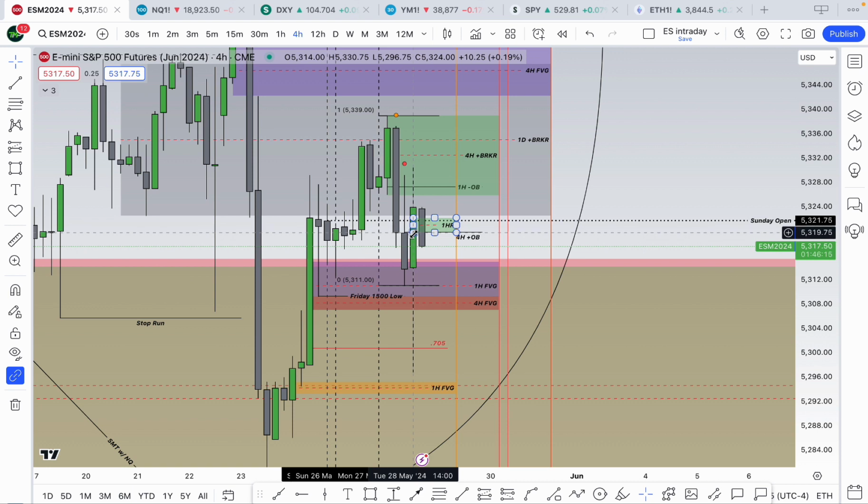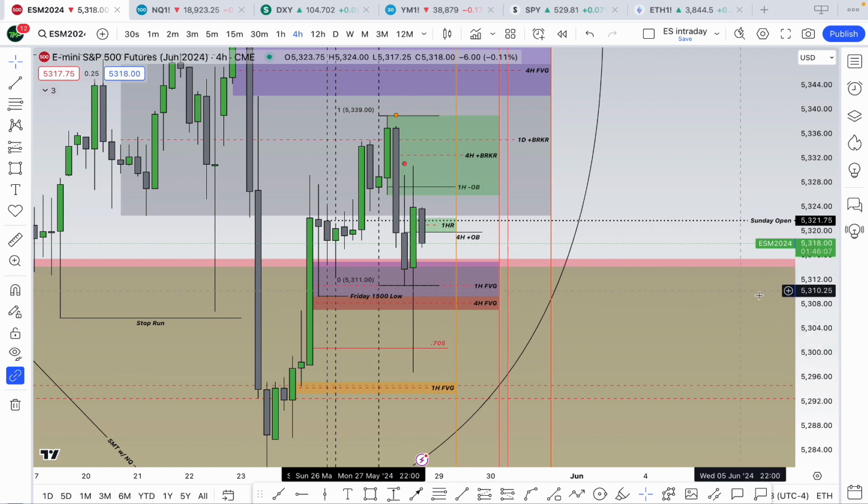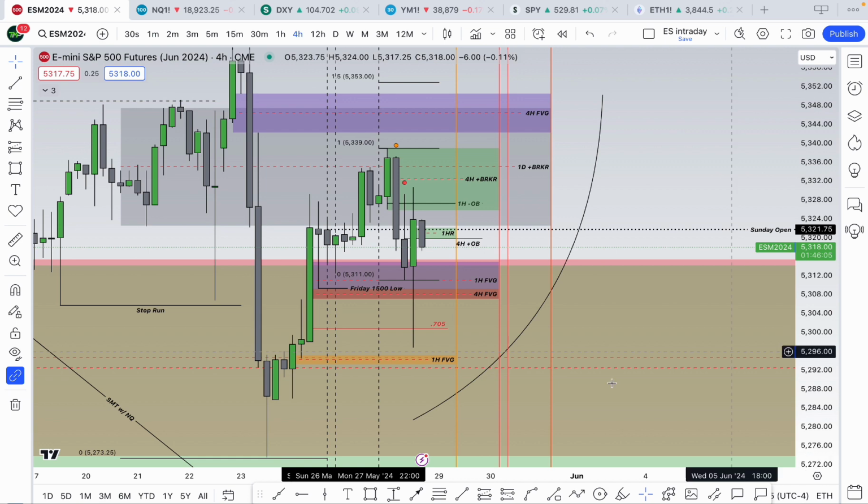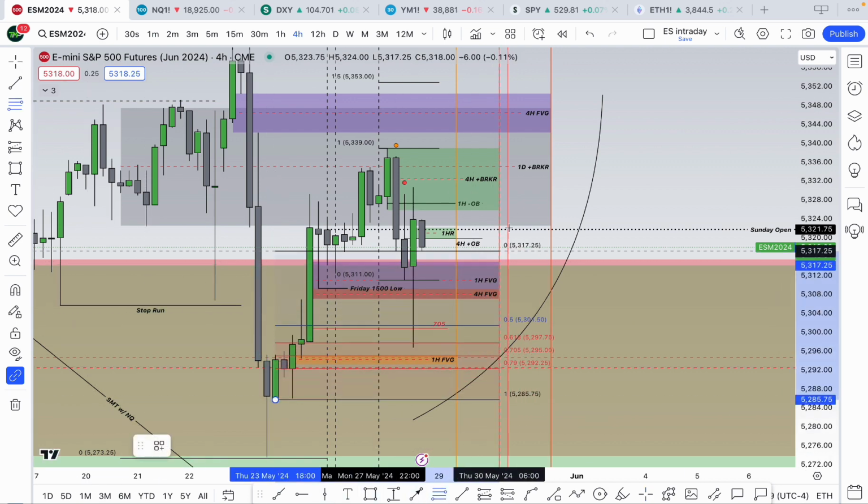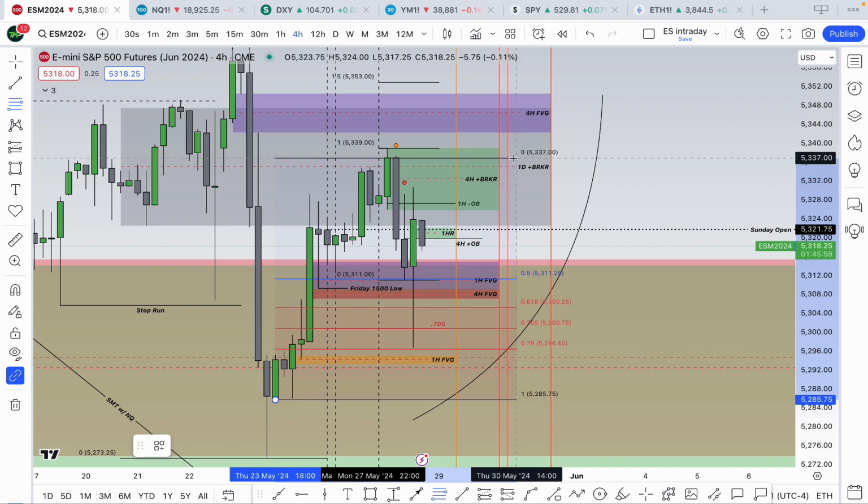Looking back at this candle, the 2 o'clock PM session, we stabbed down into an optimal trade entry on this larger price swing. Whenever I use the OTE, I like to use the bodies of the candles, especially on the 4 hour. Actually, it got us a little deeper than that, right?